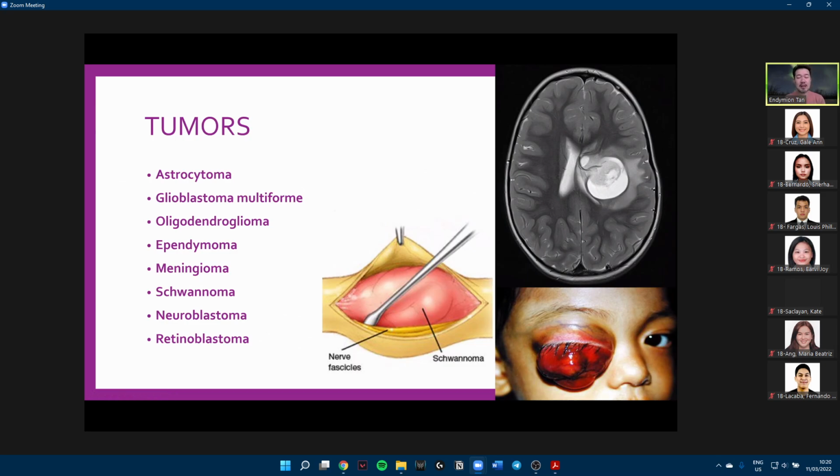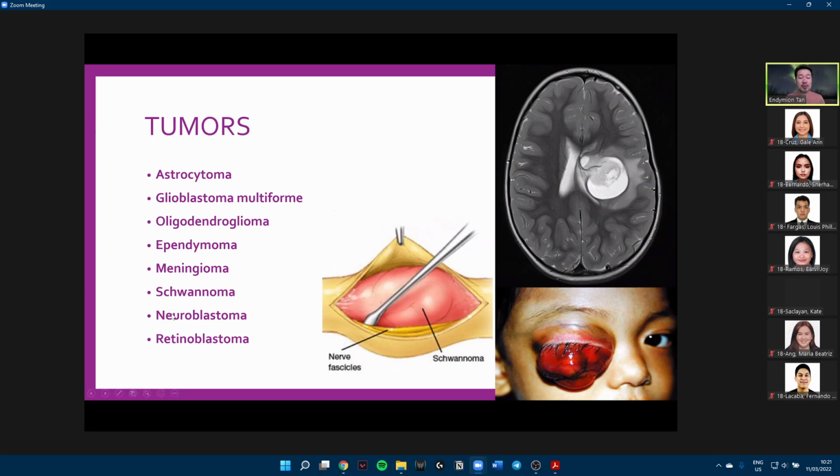Bakit mas common among the glial cells to have tumors or malignancies or cancer? Because those glial cells are said to be not terminally differentiated. They are not post-mitotic cells, meaning to say they can still undergo mitosis. Pwede pa sila mag-differentiate. Some of them can differentiate into cancer or malignant cells.